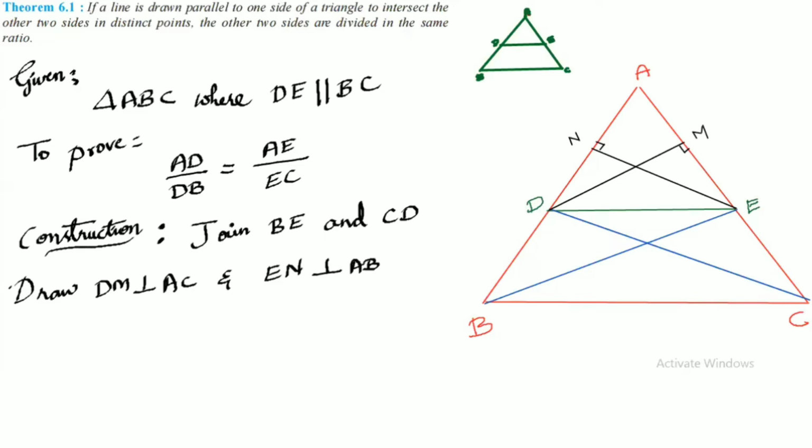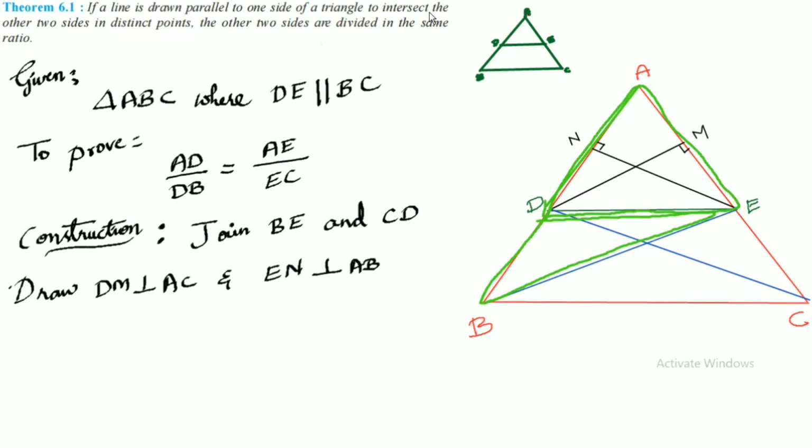Now we are going to do four things. This is a very important step. Listen carefully. First, I will find the area of this triangle, this parrot green color, which is ADE. Then I will find the area of this triangle, BDE.